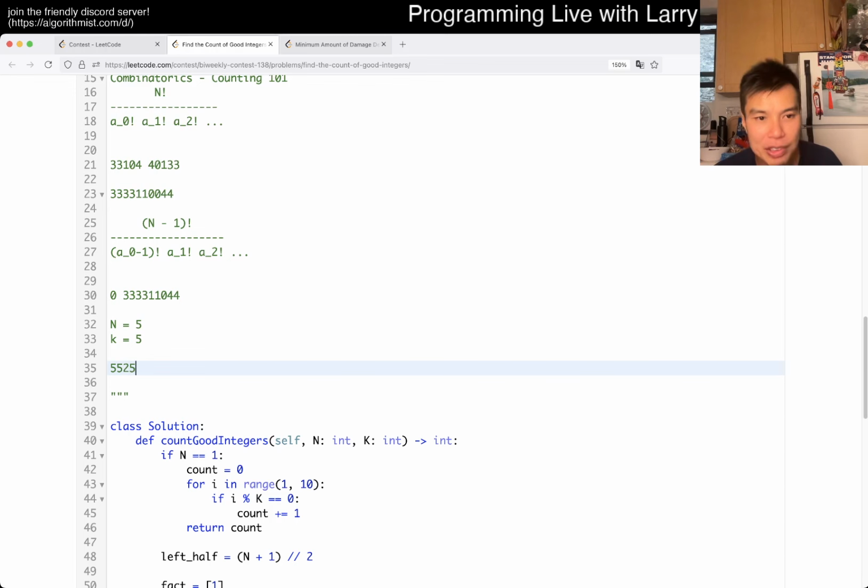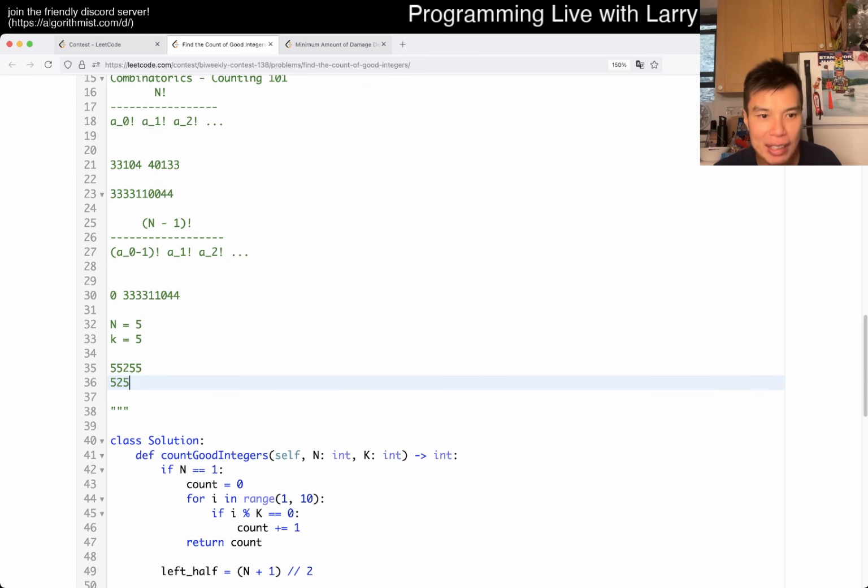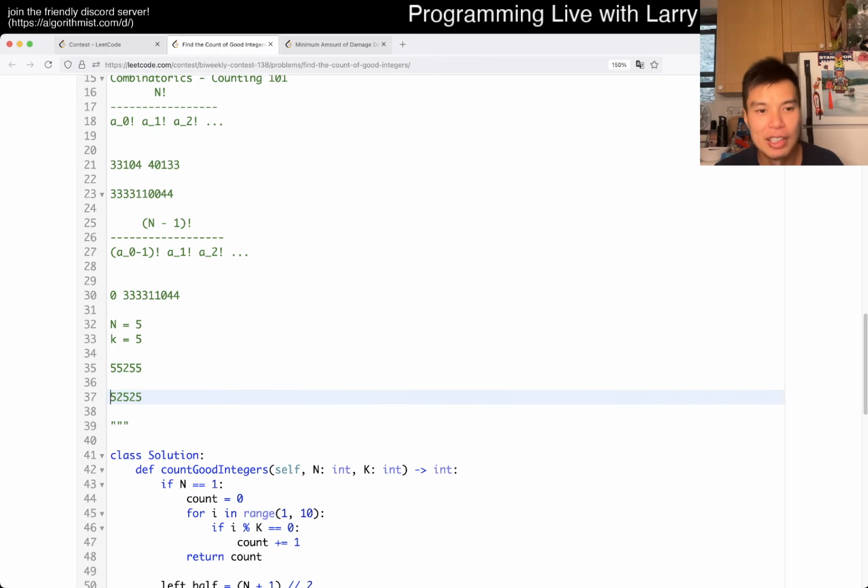So maybe you do 5, 5, 5, and then later, so your left half is going to look like this, right? Say. So then we count the number of things that this counts, and then count the number of things that this counts, but of course they're duplicates, right?